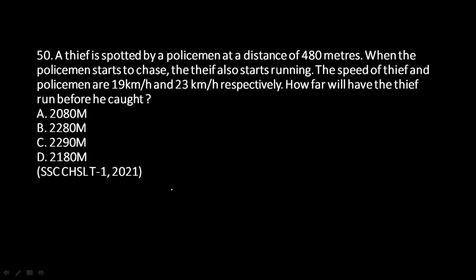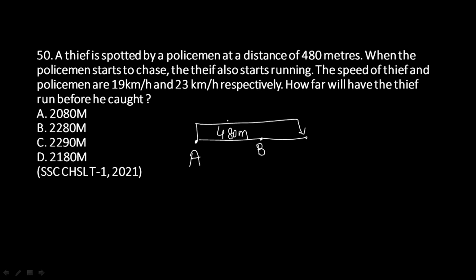So how will you solve it? Look carefully. Suppose A is the position where the thief has started and he has gone to B, and this is 480 meter in the question. Now the police starts, and the thief has crossed this much when the police has crossed this much, right?